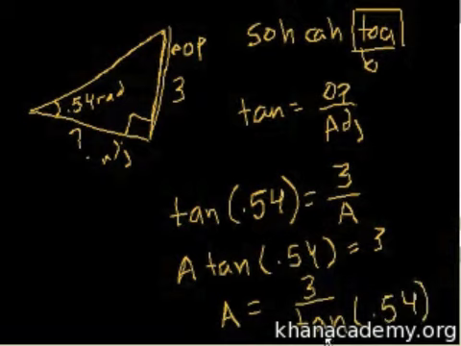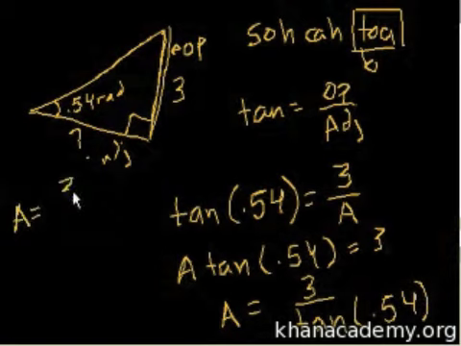Once again, I don't have memorized what the tangent of 0.54 is, but I will tell you what it is because you also don't have it memorized, or you could use a calculator if you had a radian function. The tangent of 0.54 is 3/5.